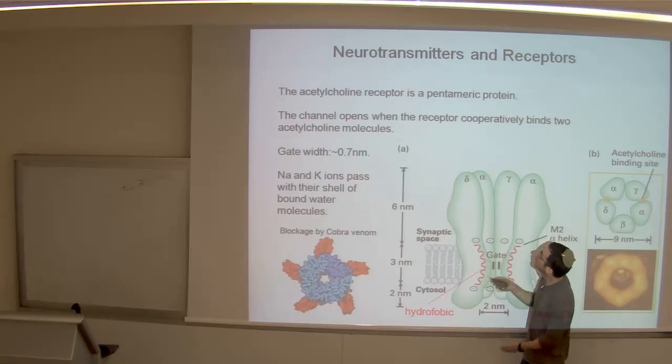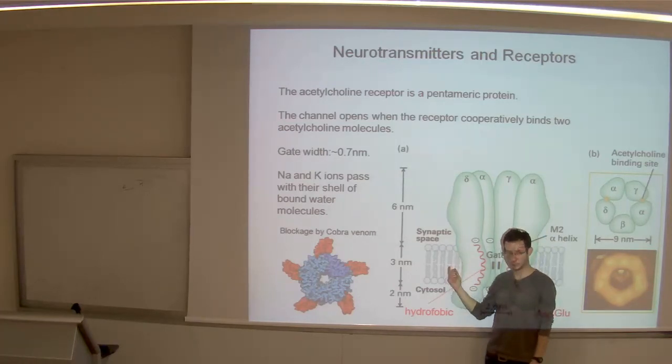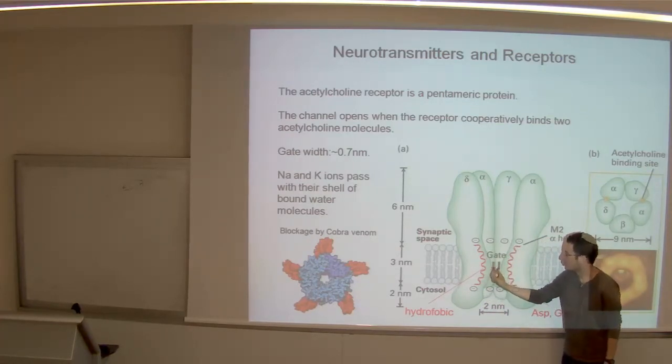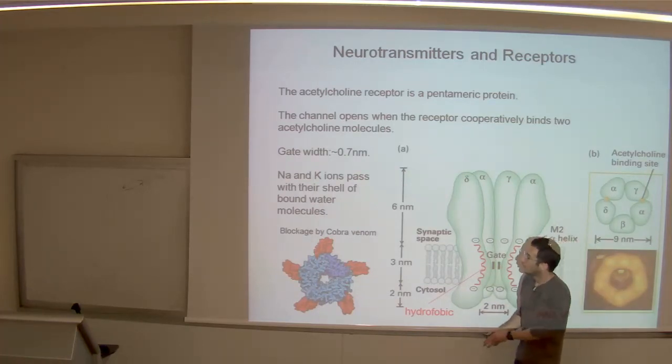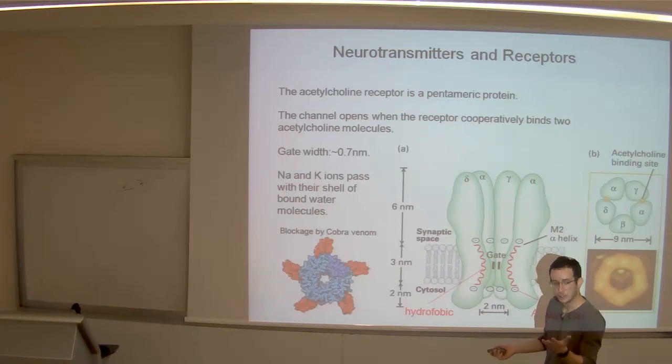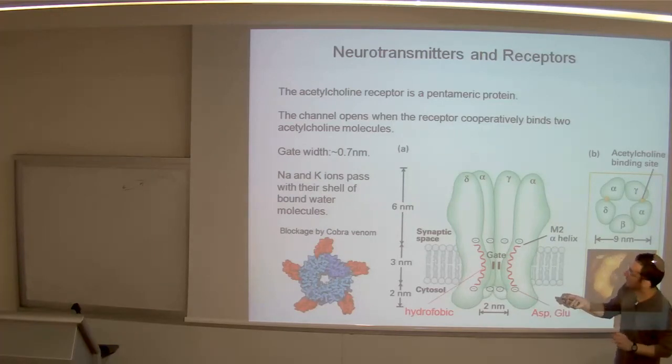Upon cooperative binding of two acetylcholine molecules to this pentameric receptor, each subunit rotates on its vertical axis, and now the kink faces towards the outside, towards the phospholipid bilayer, and the width of this channel increases a lot, and the channel opens. As opposed to the non-gated potassium channels and other non-gated ion channels, ions pass through this channel in their hydrated form, with their shell of water molecules.